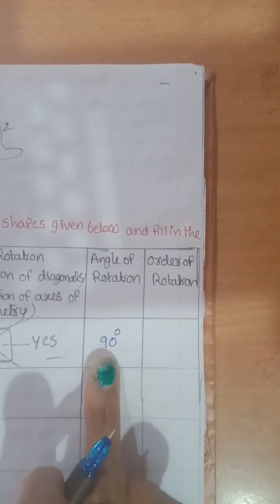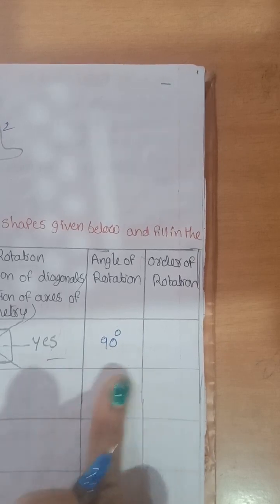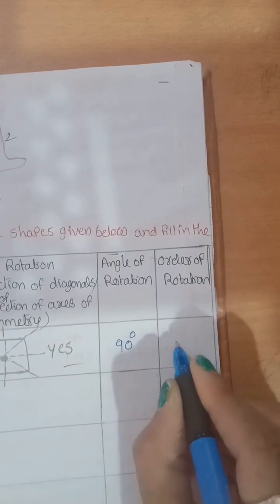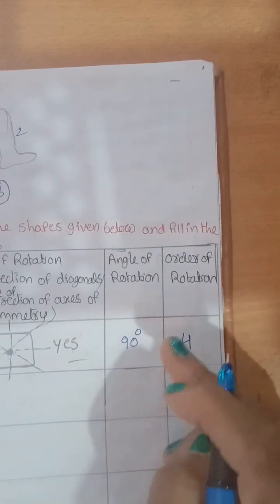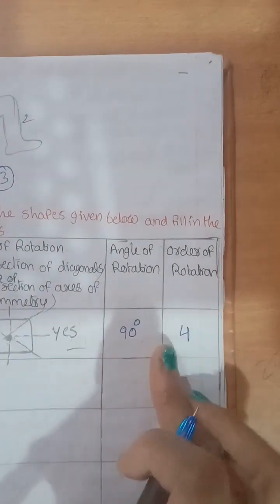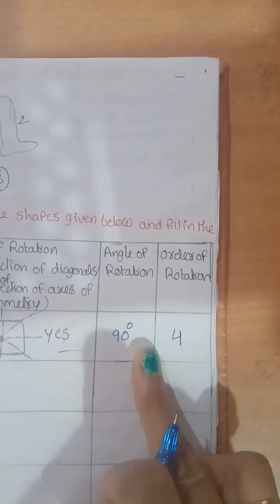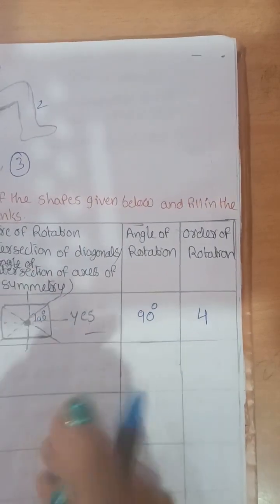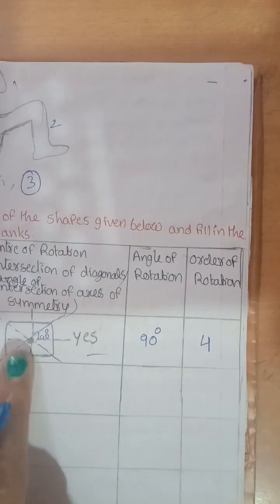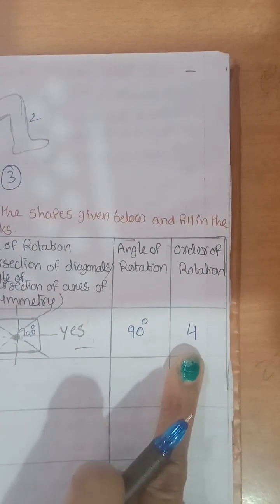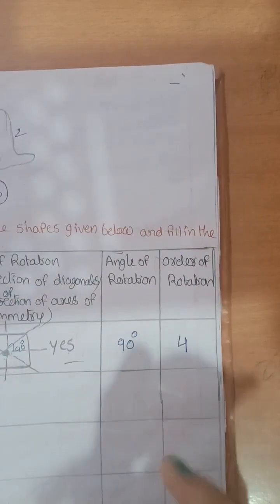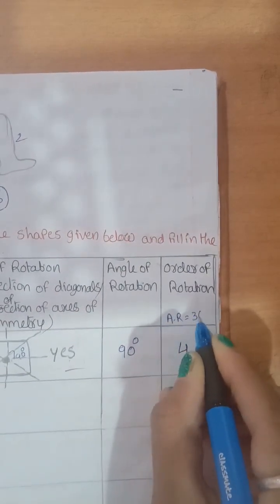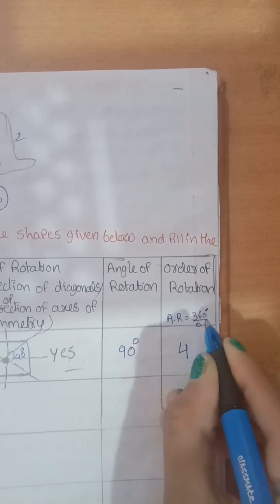The minimum angle is 90 degrees. Next, the order of rotation: the order of rotation is 4 times. If the square is rotated by 90 degrees every time about its center, we get the same position after 4 times. So the order of rotation is 4. Otherwise, there is also a formula: angle of rotation equals 360 degrees divided by the order of rotation.